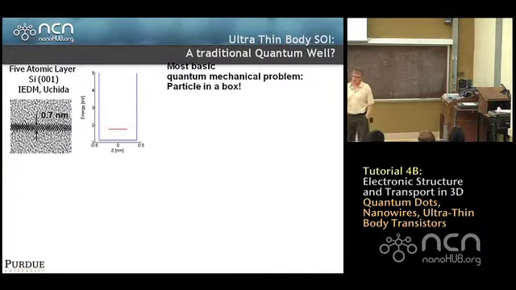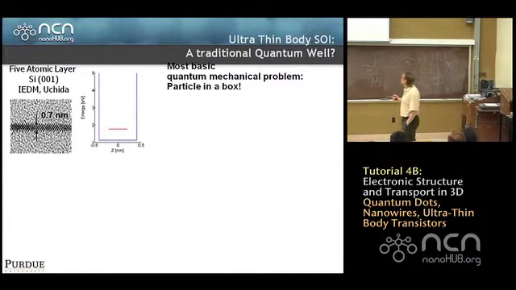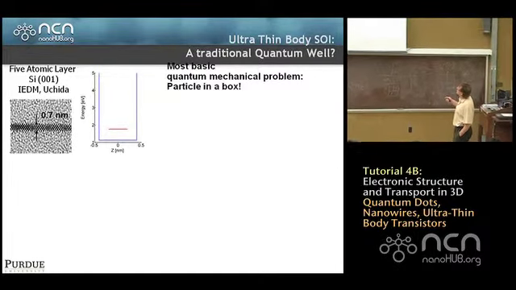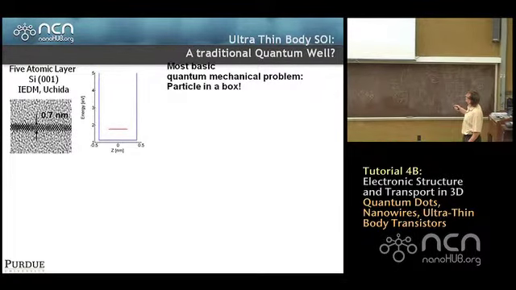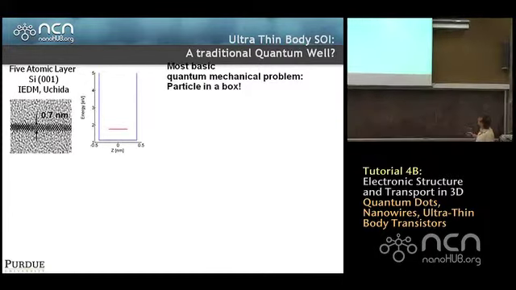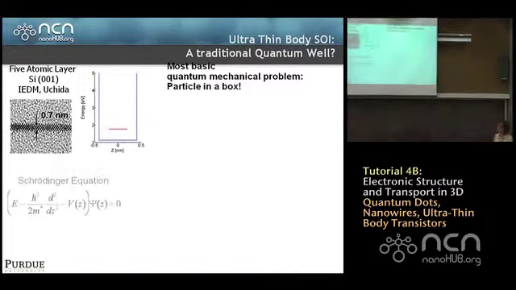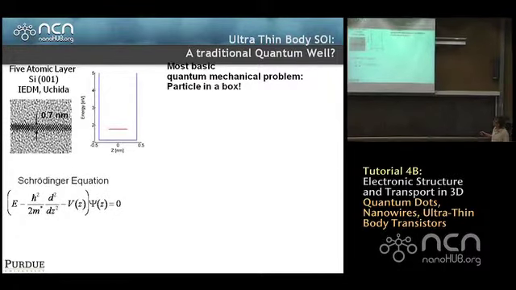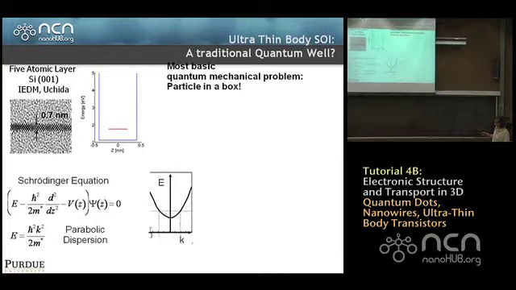But let's look a little bit more in detail. What is this valley splitting, or what does it mean? So if we look at a quantum box like this, like a particle in a box, we've calculated the most basic quantum mechanical problem very simply, right? We can solve Schrödinger's equation that's written in here. And basically, you assume a parabolic dispersion like this.